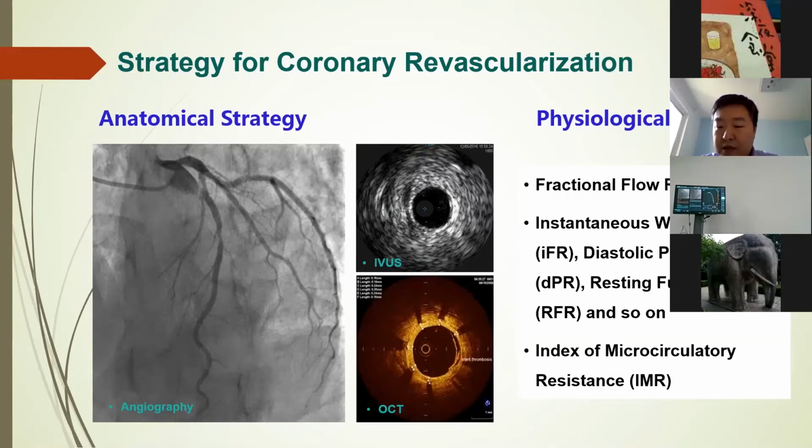Using the index of microcirculatory resistance, IMR, we can determine the microvascular disease. That means FFR and iFR are good for stenosis-induced myocardial ischemia, and IMR is good for the microcirculatory resistance.